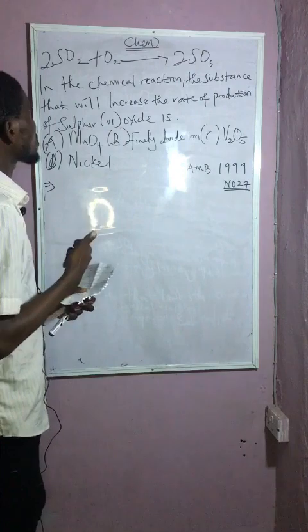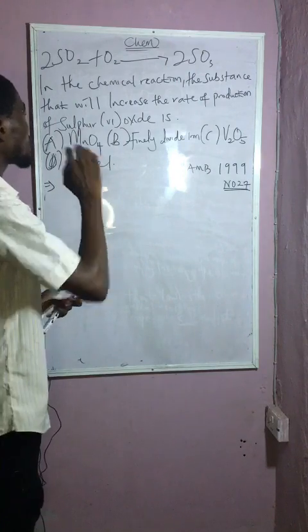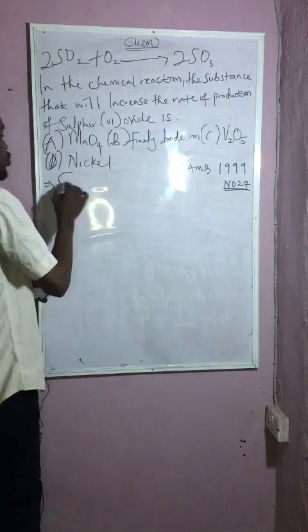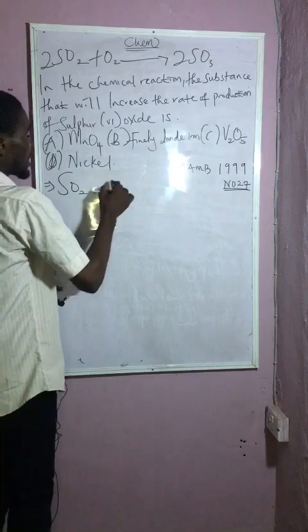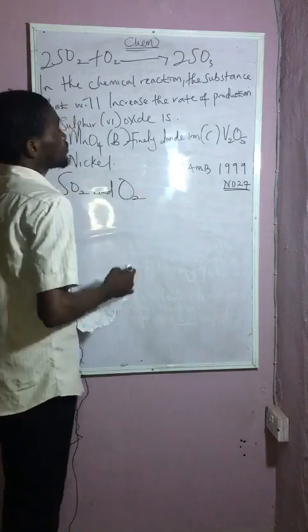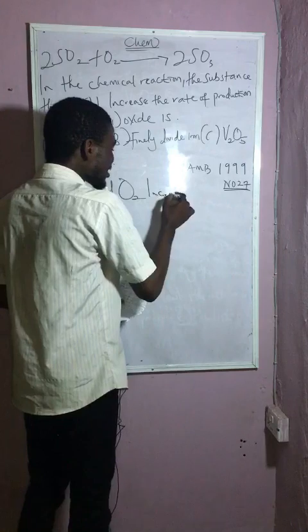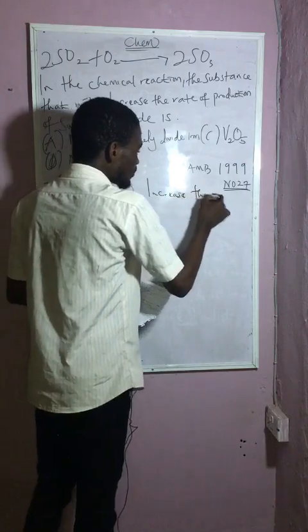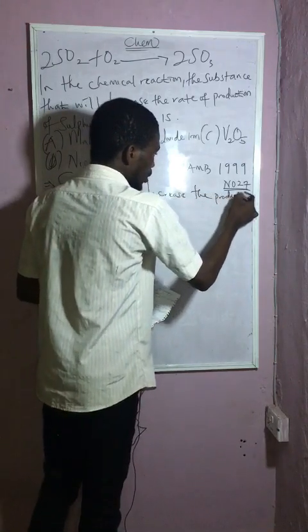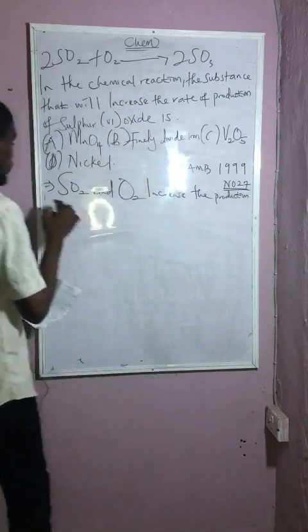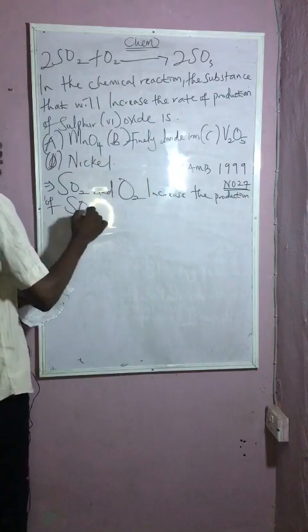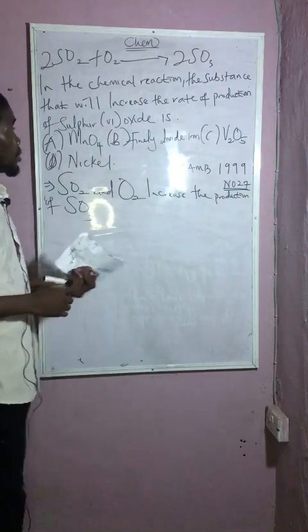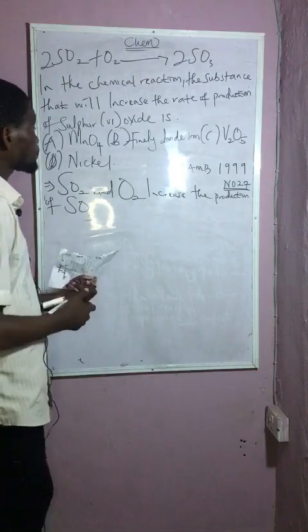So for this chemical reaction, this equation given to you, SO2 and O2 increase the production of S. Are you with me now?